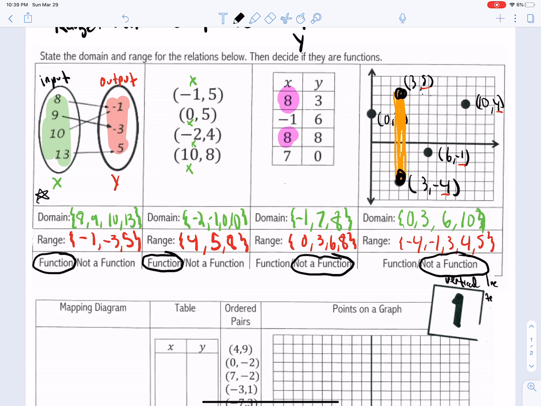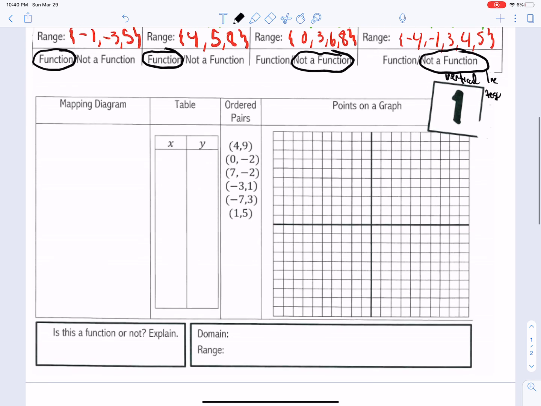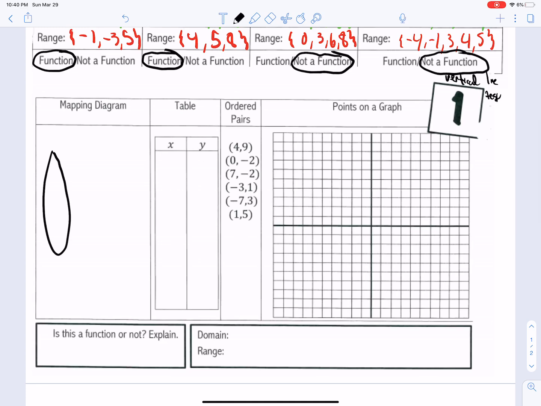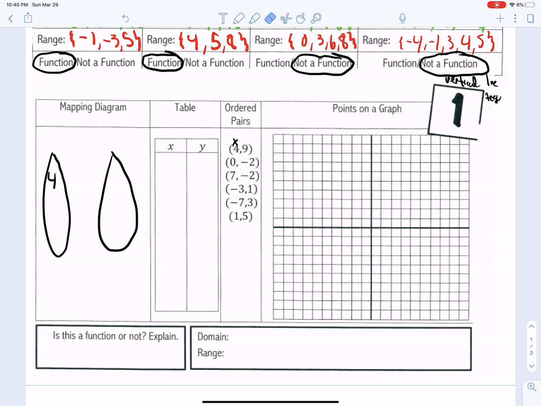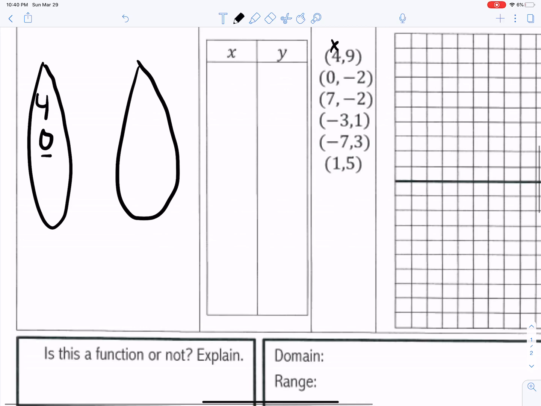All right, last one here. Let's see, we got ordered pairs, and we're going to be asked to make a mapping diagram, a table, and points on the graph from these ordered pairs. So the mapping diagram, remember these look like this kind of. So we can just fill it in. I'm going through our ordered pairs. Here are x's. 4, 0, 7, -3, -7, 1.